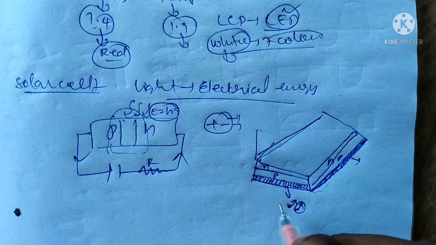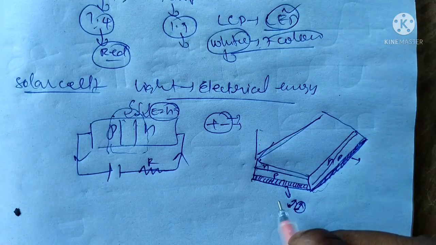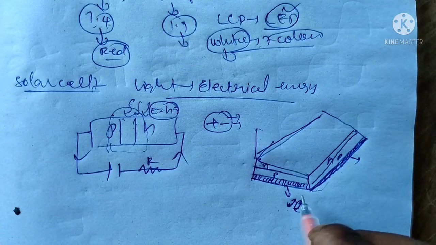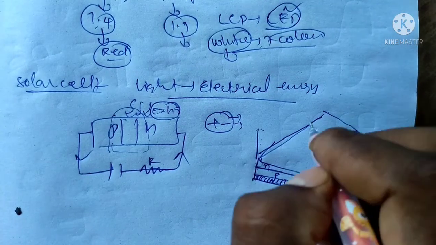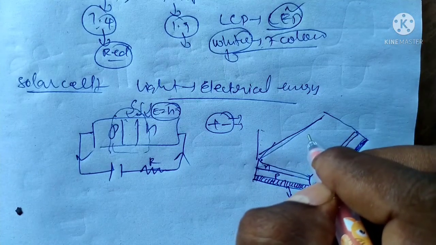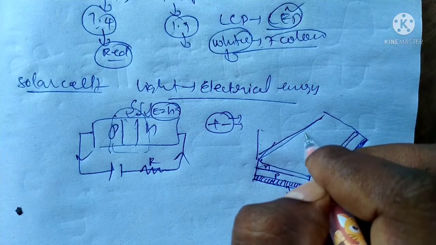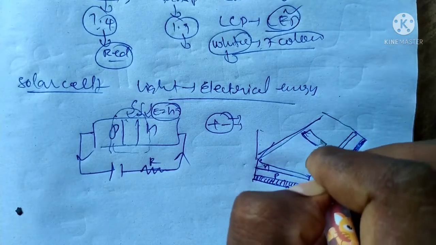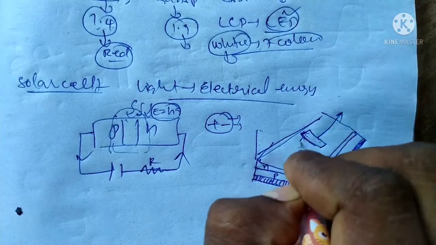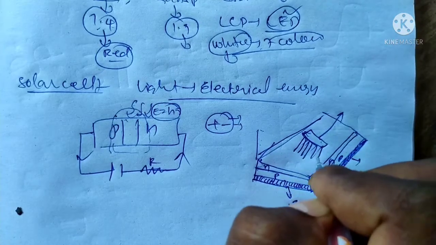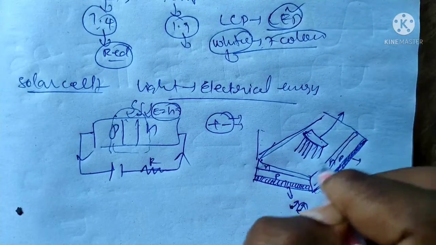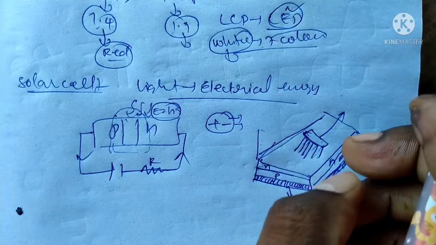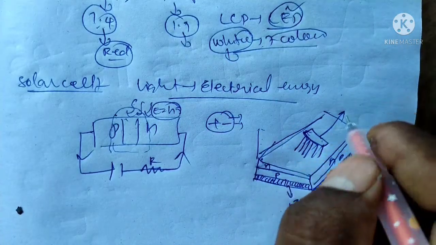That is the behavior of black. And here are the metallic fingers like this. This arrangement is there in the solar cell. The n type metal and p type metal are combined, that is a p-n junction diode.